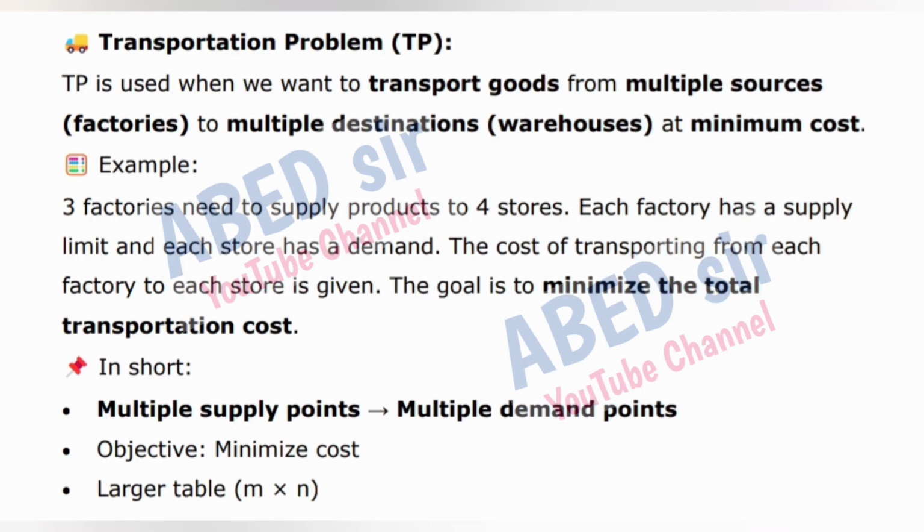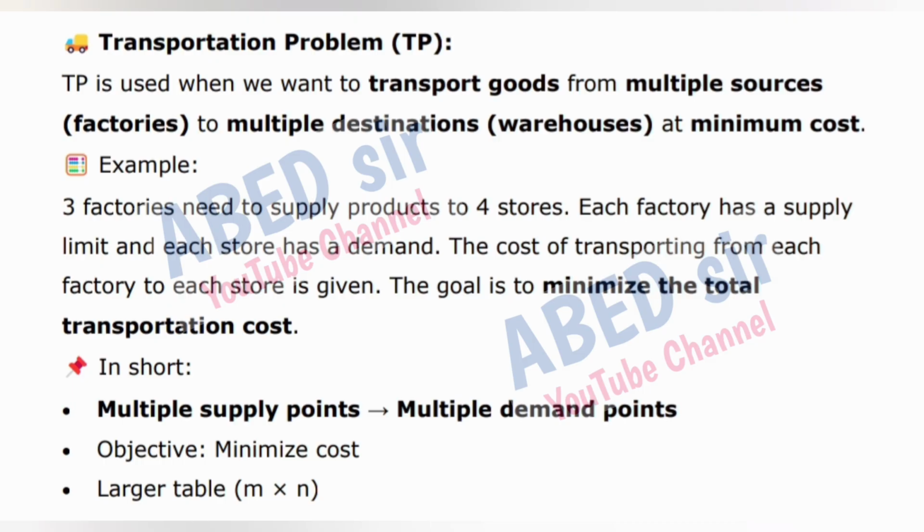Example. 3 factories need to supply products to 4 stores. Each factory has a supply limit and each store has a demand. The cost of transporting from each factory to each store is given. The goal is to minimize the total transportation cost. In short, multiple supply points, multiple demand points.